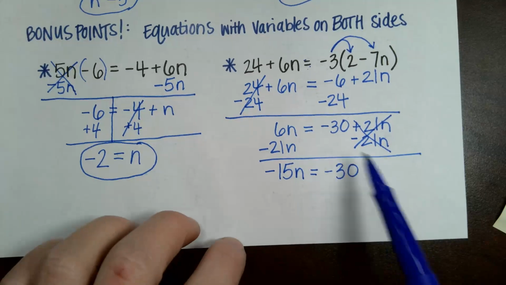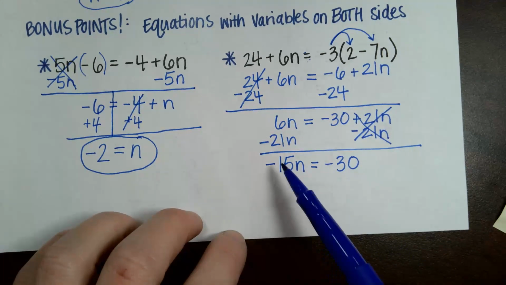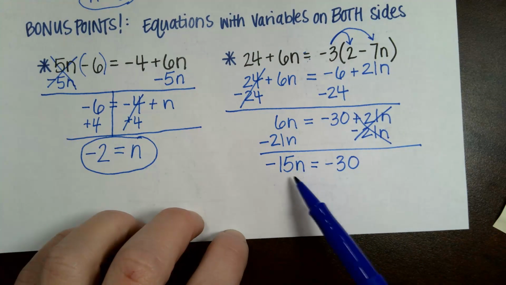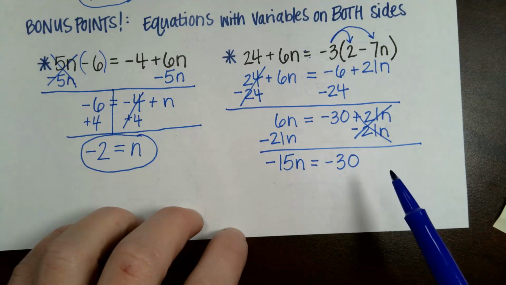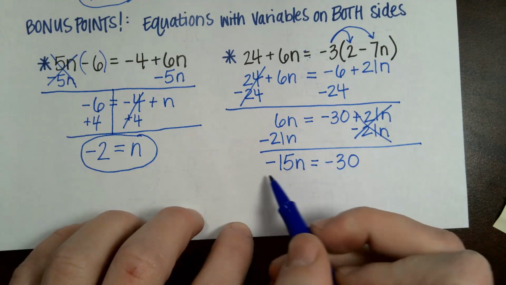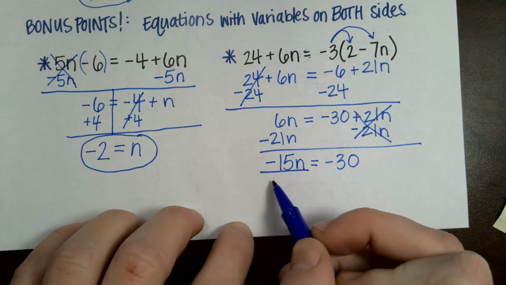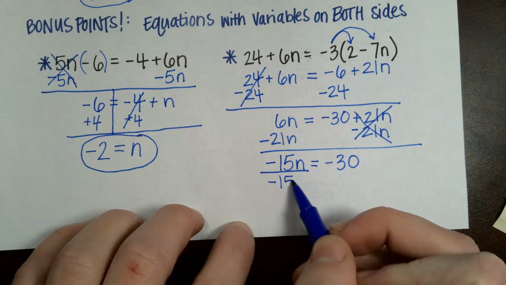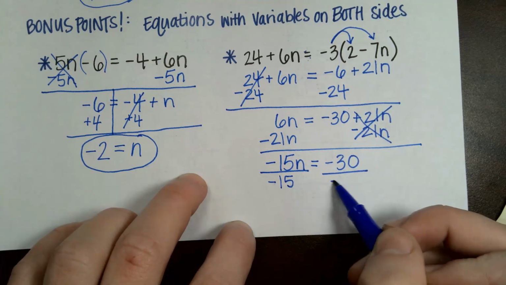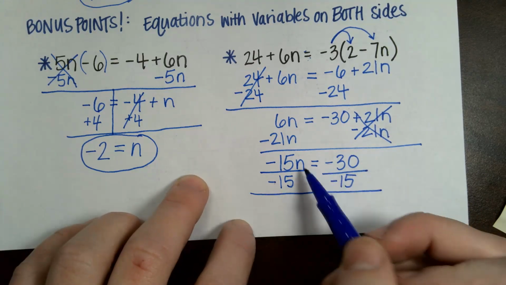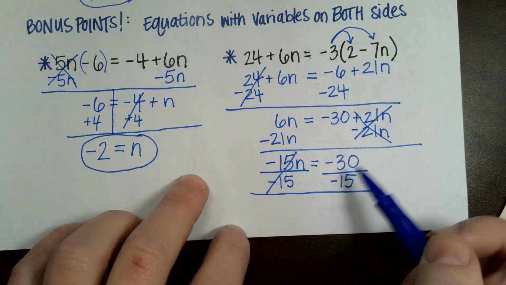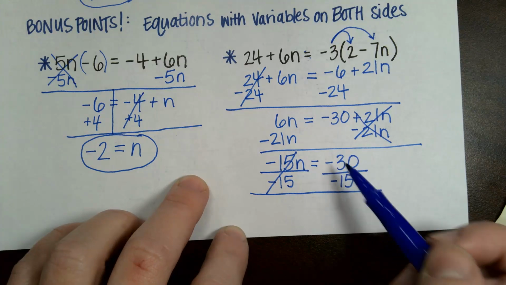We're left with one final step. I've got -15 times n equals -30. What do I do here? Yes, I'm going to divide by -15 on both sides. And before we even think about our answer, what happens whenever I take a negative divided by a negative?